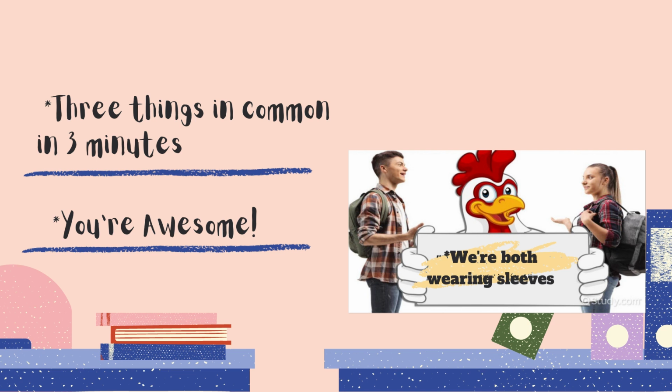Another one is what we call "You're Awesome." This is a quick warm-up that is not recommended for serious types in suits, of course. Everyone finds a partner and stands facing him or her. They then high-five each other with both hands and say, "You're awesome!" as enthusiastically as possible.